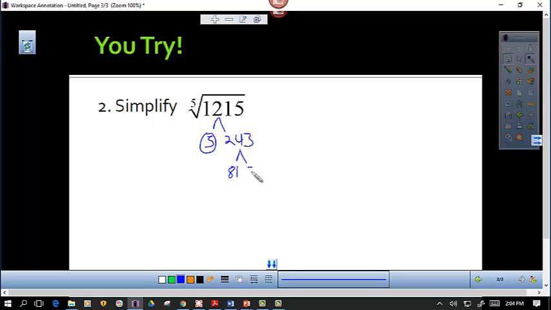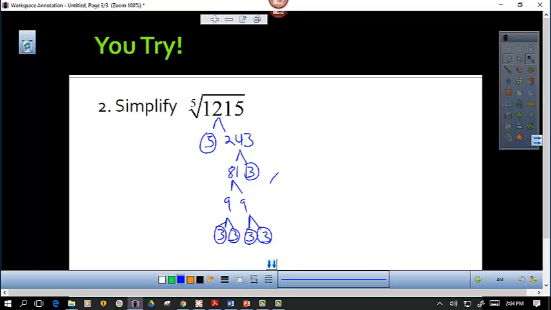So I have 81 and 3. There's another one. 81 breaks down into 9 and 9, and then 3 and 3, and then 3 and 3. Okay, so those are my perfect breakdown of 1215.